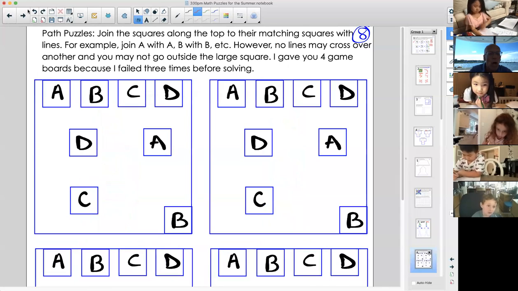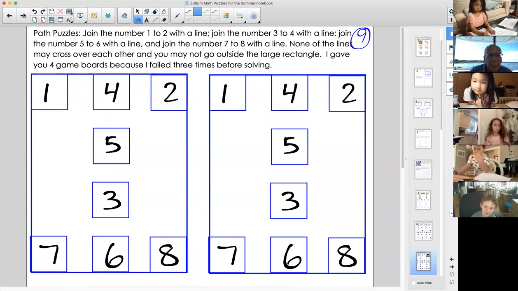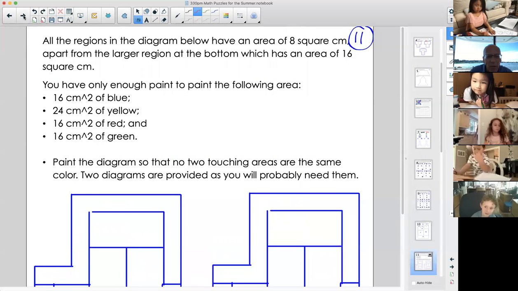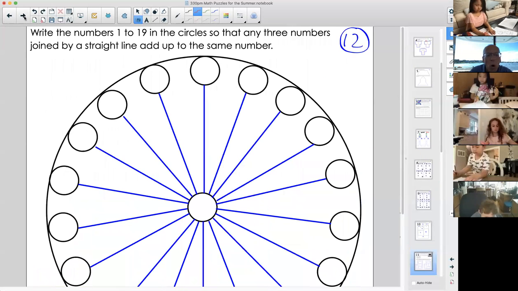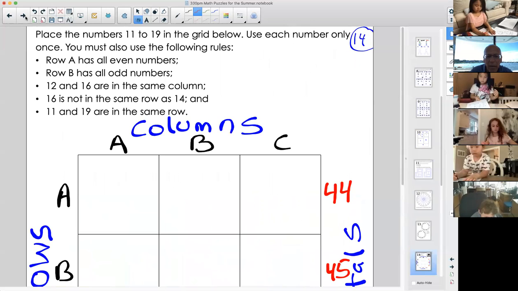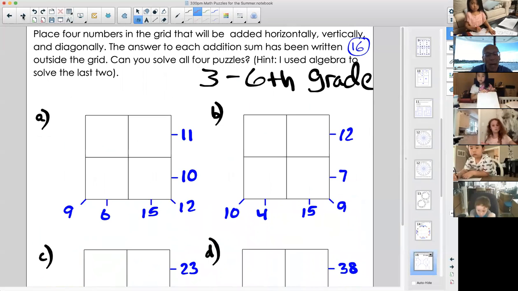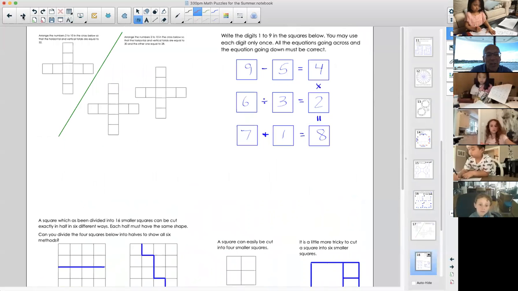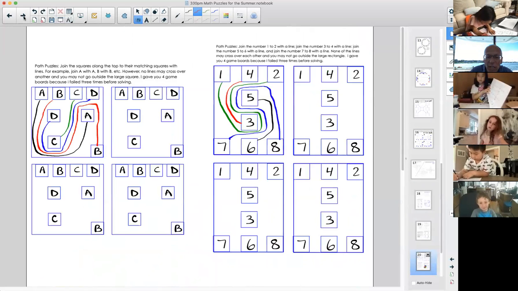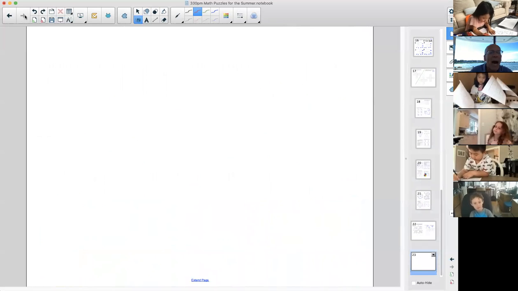And also, I want to show you all the different crazy puzzles that I gave you. You can do these all summer long with your parents. They're so much fun. And guess what? As always, I give you answers in the back, but don't look at the answers until you've had an opportunity to try it.